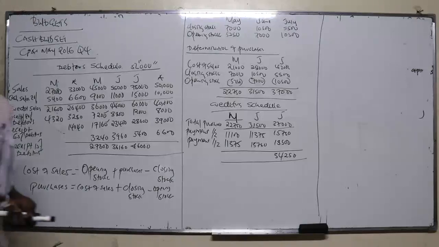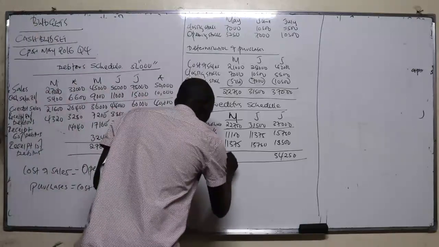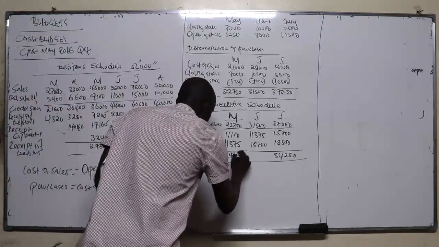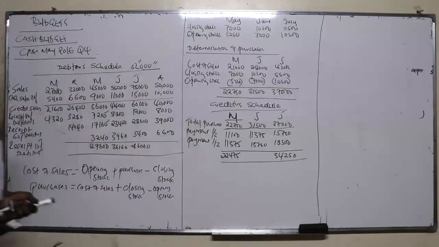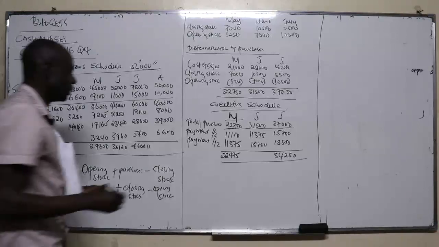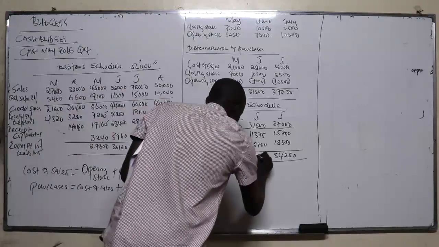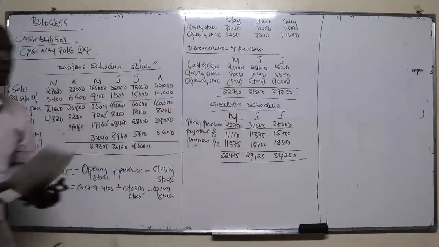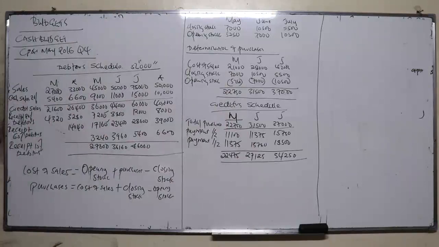Which one? 27,125. So by so doing, you get 6 marks. At that point, we have accumulated totals 12 marks. Yes. 32? Where?